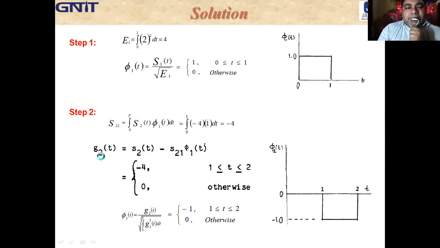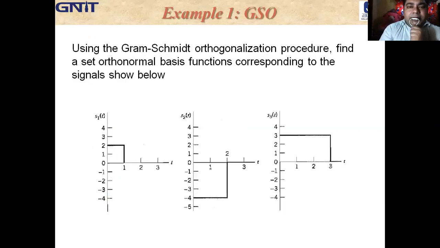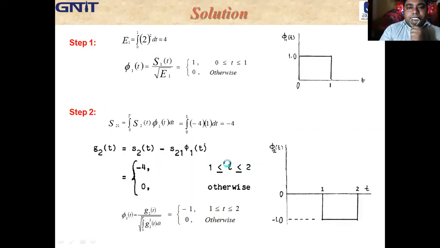So if we calculate it, then g2(t) is equal to minus 4, where t belongs to 1 to 2, because phi 1(t) belongs to 0 to 1. So g2(t) is minus 4 where t belongs to 1 to 2, and otherwise it is 0.